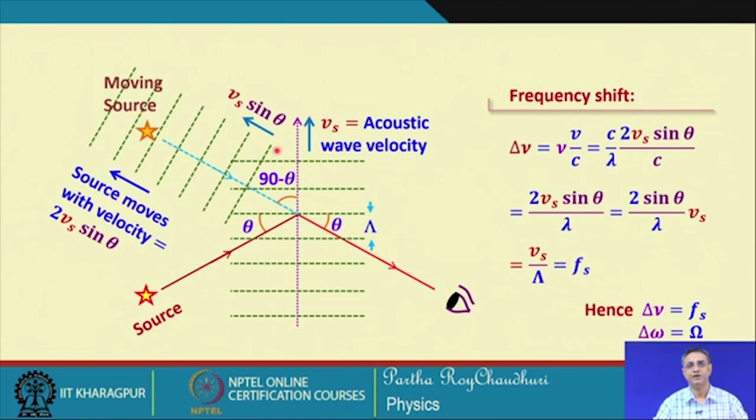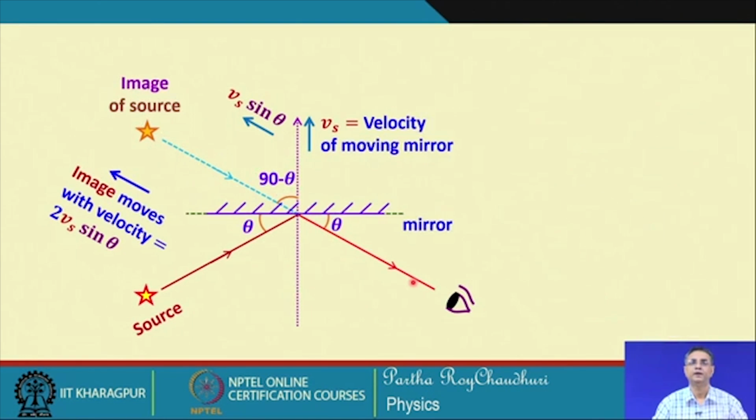So, it can undergo an increment by plus omega, the acoustic frequency, in the case of the plus order, and in the case of the minus order diffracted beam, the optical frequency will be modified by a frequency equal to the acoustic frequency, but it will be a decrement. It will be subtracted from the original frequency, small omega minus capital omega, and that is very interesting.